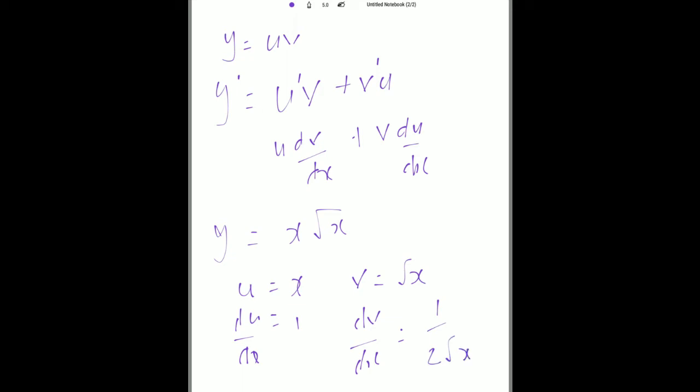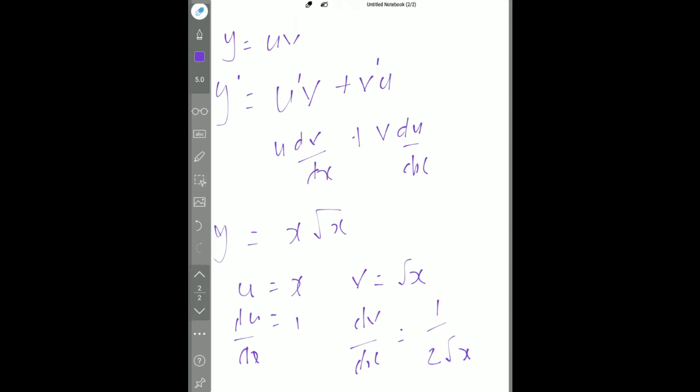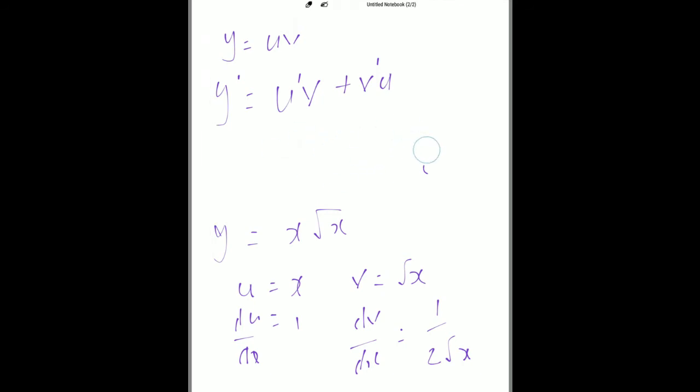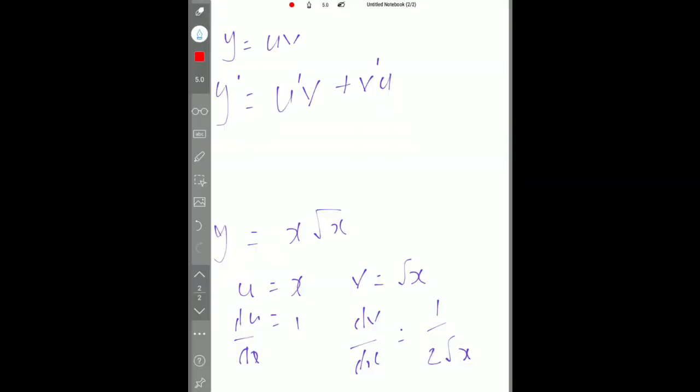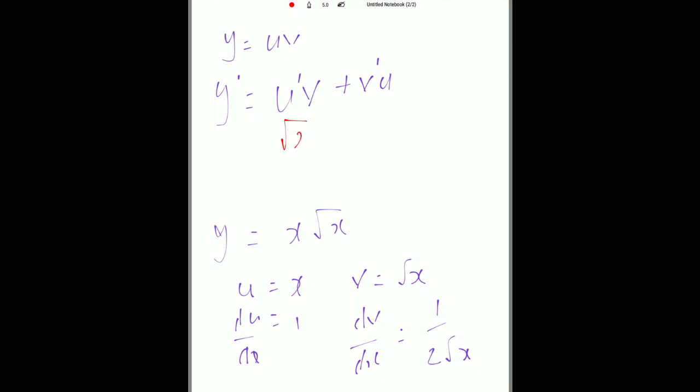So what does the formula say that I should do? We're supposed to take u prime, which is 1, and multiply it by v, which is root x, leaving us with 1 root x. Plus what? Differentiate v, we get 1 over 2 root x, and we multiply that by u, which is x.